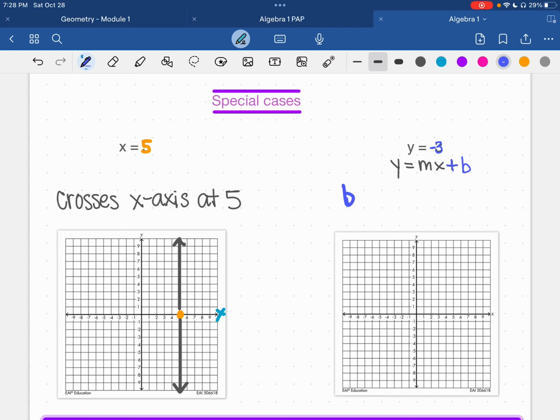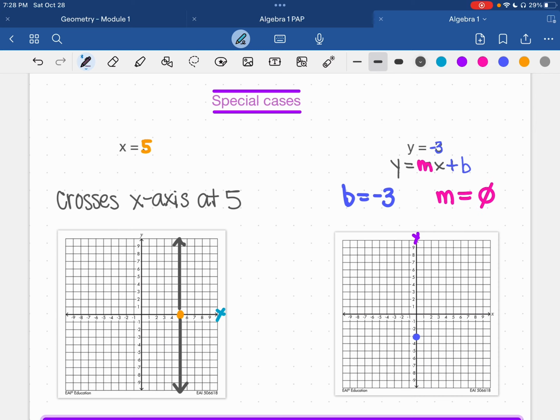So your beginning for this one is going to be at -3. So you can go to your y-axis and put your beginning point at -3. There is no slope written because there is no x written. So your slope would be 0 in this case.